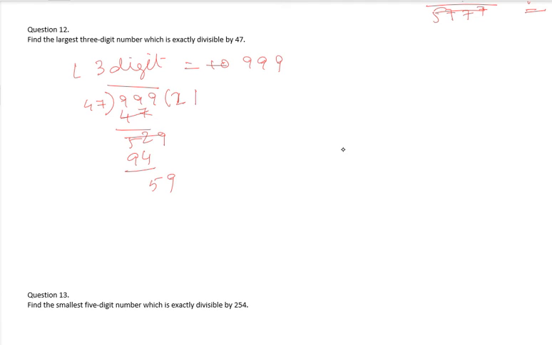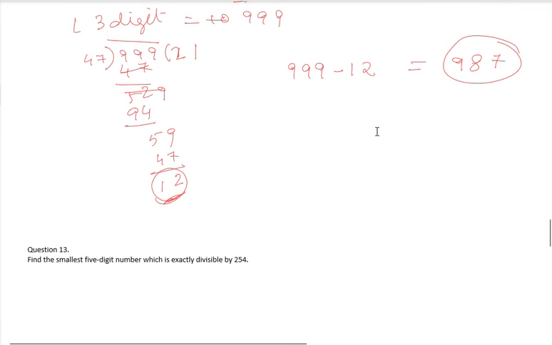Then 47 into 1 is 47, which leaves 12 as the remainder. So 12 is extra. The largest 3-digit number exactly divisible will be 999 minus 12, which is 987. This is exactly divisible by 47, because whatever remainder I got, I have removed, the extra part.